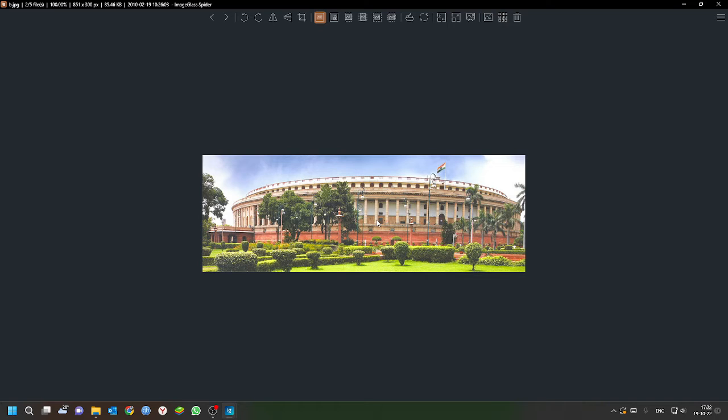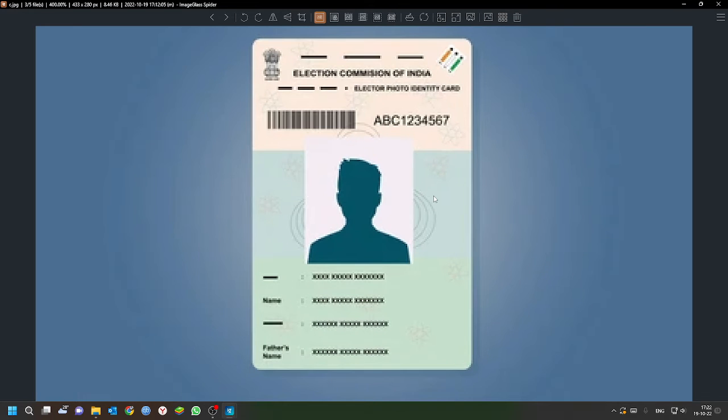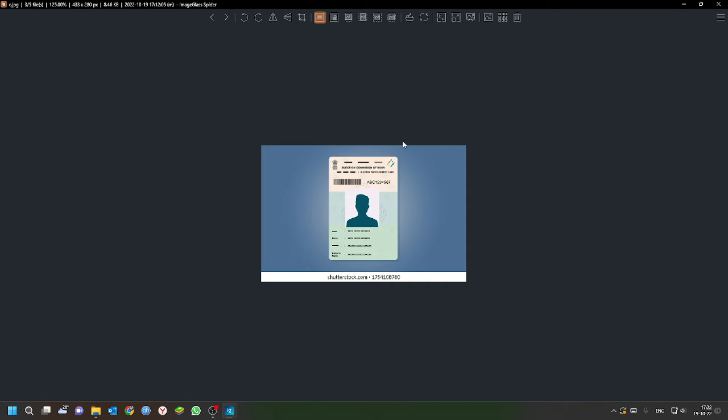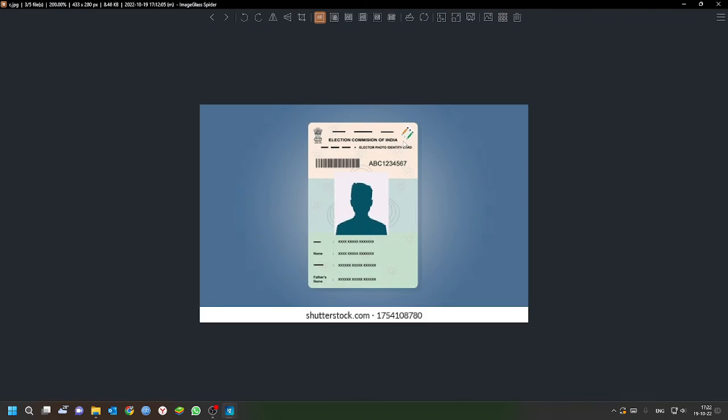So now let's talk about the next thing, the main thing. Before talking about the president election, you should have a voter ID card, which is given by the Election Commission of India. As you can see, this is the voter card. Every citizen above 18 years of age can get it.